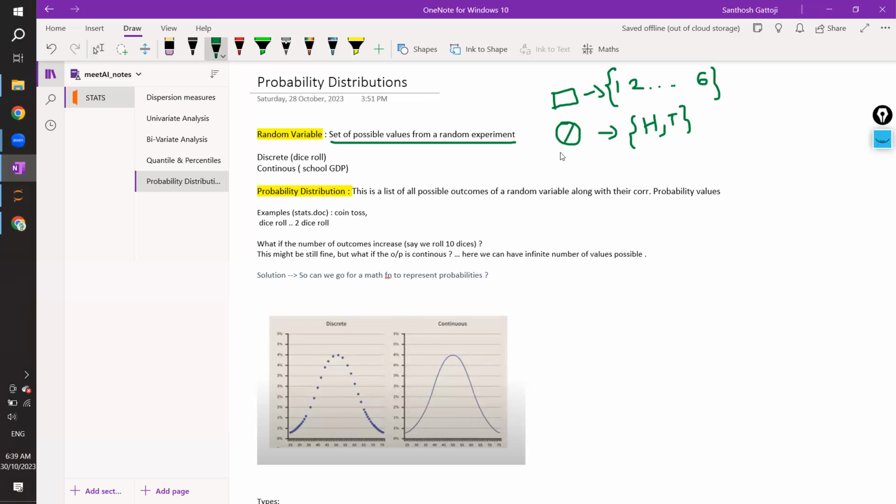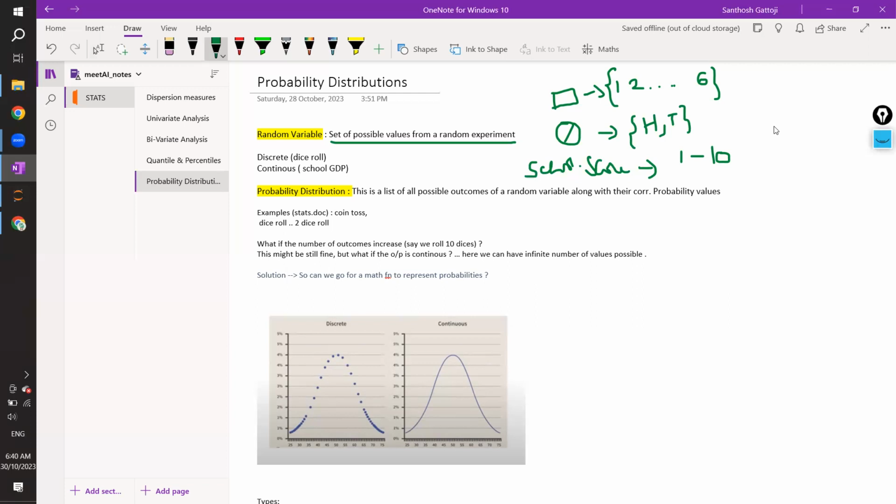Similarly, for example, in a school, consider the school GPA, or school score. If that is a random experiment, what are the possible outcomes? Usually the school GPA will be from 1 to 10. So from 1 to 10, you can get any score.